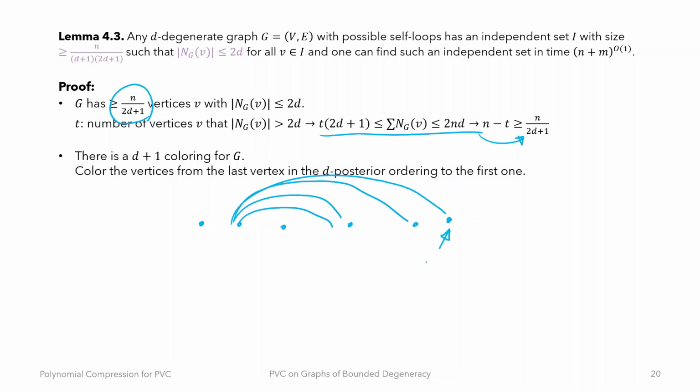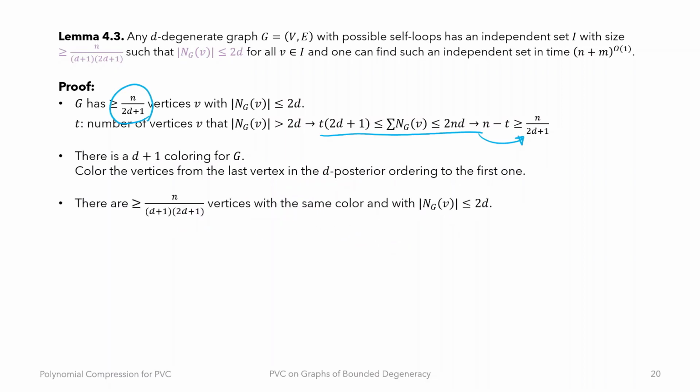I start from here, and we have D+1 colors. So just color the vertex with a color that doesn't appear in its posterior neighbors. It has at most D posterior neighbors, so there should be at least one color that we didn't use, and we can color the vertex with that color. Then we go for the vertex before it, and so on. So we color all vertices, and there is a D+1 coloring for the degenerate graph.